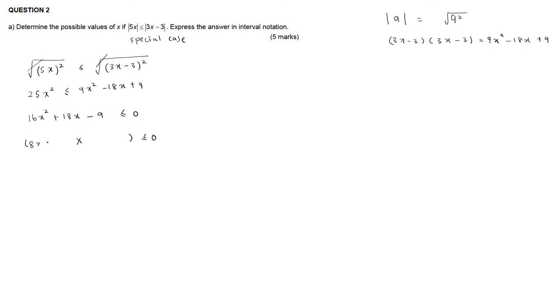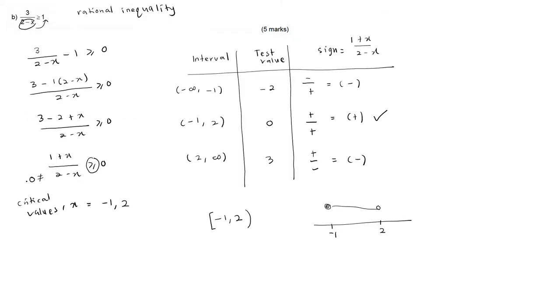Now we get 8x minus 3 times 2x plus 3. From the factorization, we can find the critical values: from the first bracket, x equals 3 over 8, and from the second bracket, x equals negative 3 over 2.